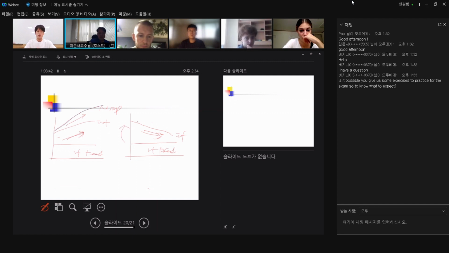But even if the yield curve shows downward, what about the maturity risk premium? The maturity risk premium is increased as time goes by, right?